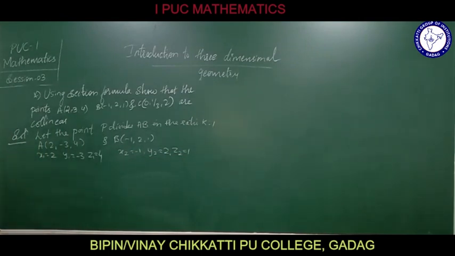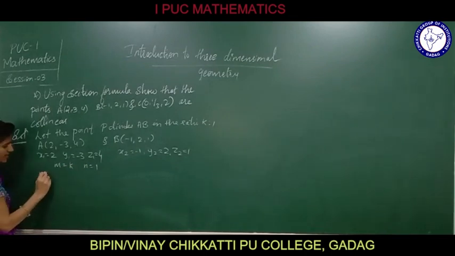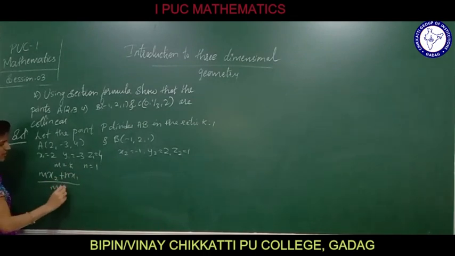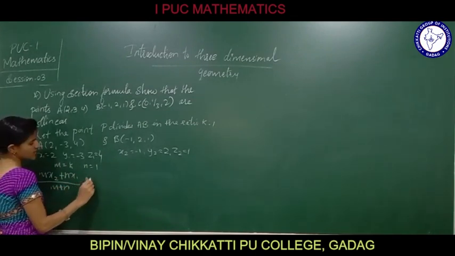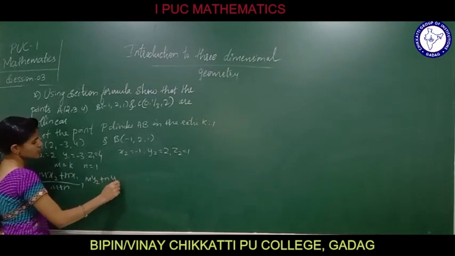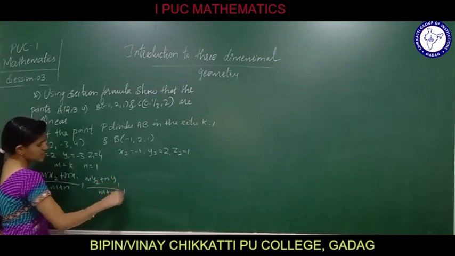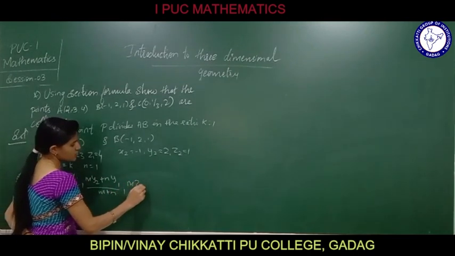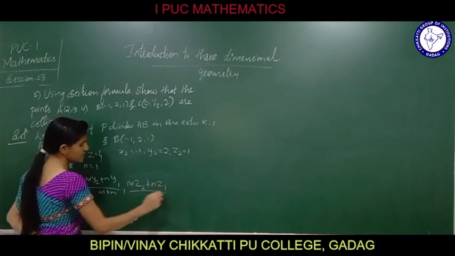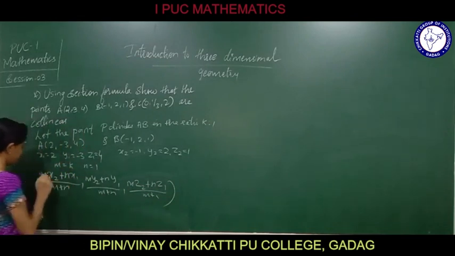Now using the section formula where we have the ratio as k:1, m will be equal to k and n will be equal to 1. The section formula is (m x2 + n x1)/(m + n), again (m y2 + n y1)/(m + n), and (m z2 + n z1)/(m + n).